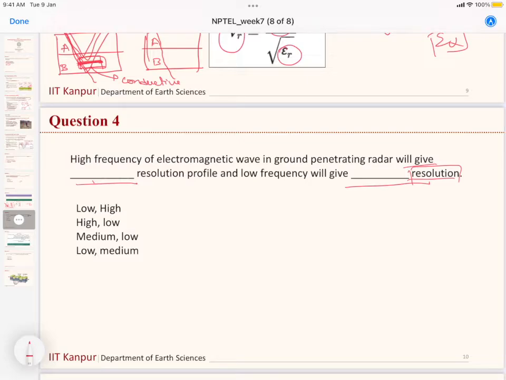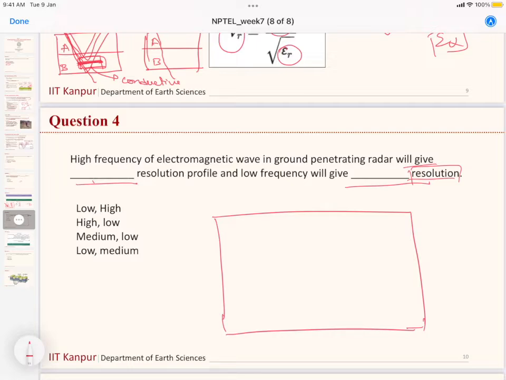So this is a very abstract concept; resolution applies everywhere. So resolution means the smallest size of the object that any one instrument can identify. That is the basic definition of resolution. Now if we talk in terms of the subsurface, let me draw a simple cross section of the subsurface again.